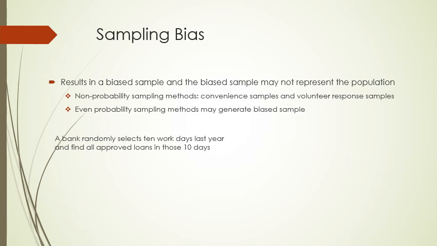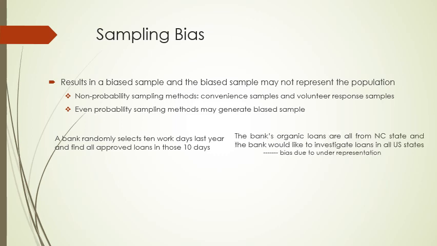Thus, the bank may fail to make inference on all U.S. loans based on its organic loan data. In this case, we may have bias due to underrepresentation. The loans from North Carolina may not be a good representation of the loans from other states.